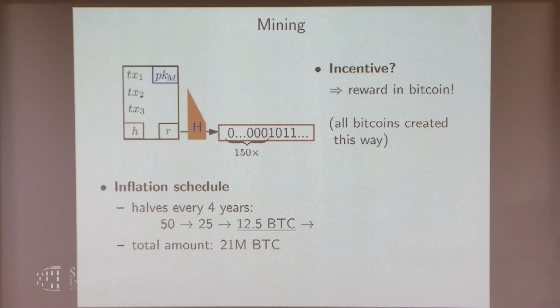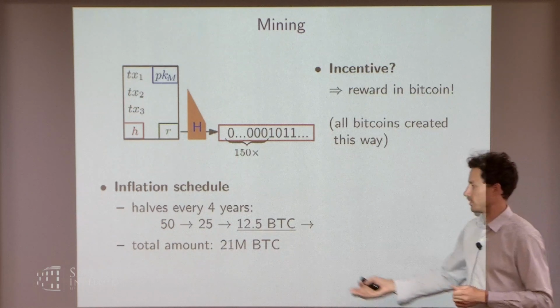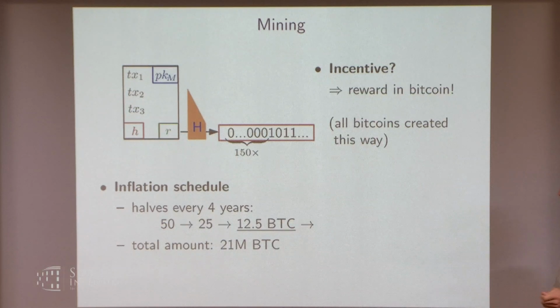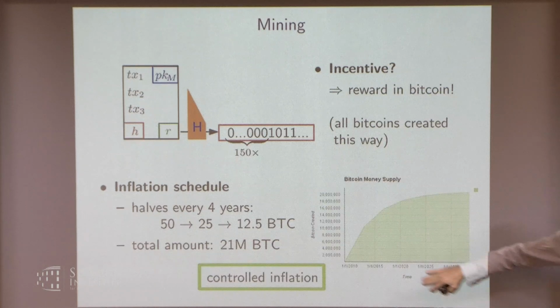The protocol specifies that for the first 4 years of its existence, when you mined a new Bitcoin block, you received 50 new Bitcoins. For the second 4 years, you only get 25, and so on. This reward halves every 4 years, and now the current reward is 12.5 Bitcoins. So this will approach a maximum number of Bitcoins that will ever be created, according to the protocol, which is 21 million.